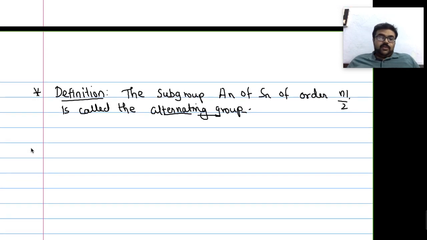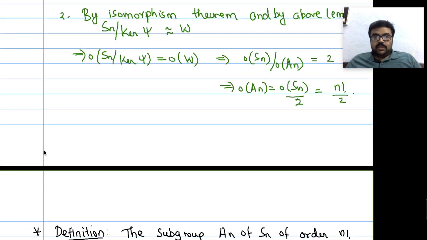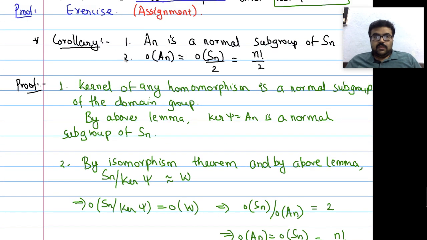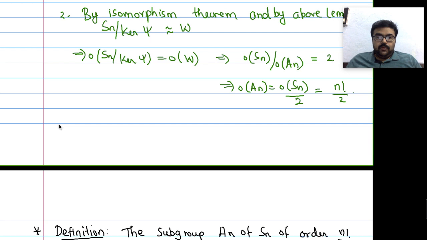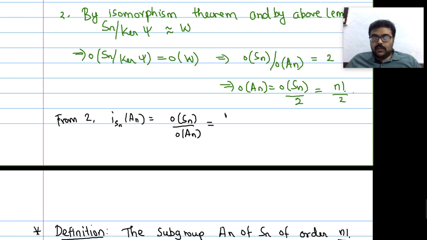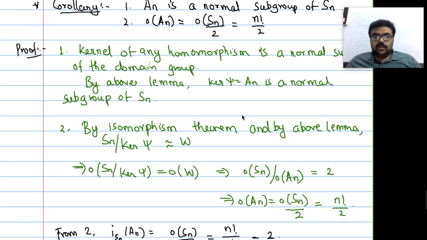And what is the index of An? From the second result, we observe that the index of An in Sn is order of Sn upon order of An, which is n factorial upon n factorial by 2, which is nothing but 2. So the index of An is 2, and An is a normal subgroup.